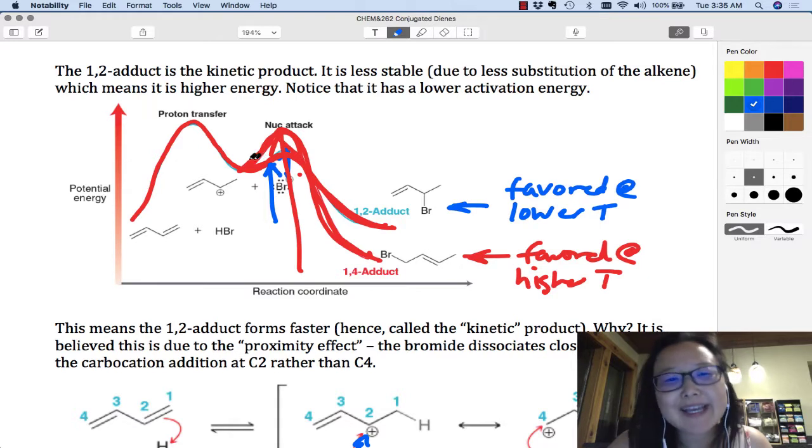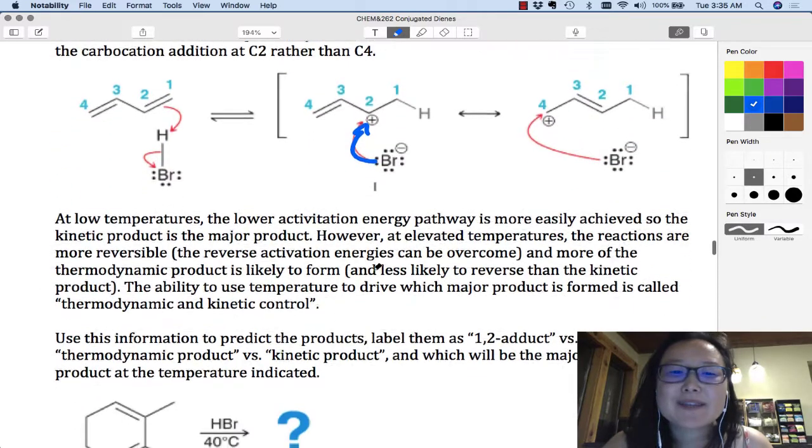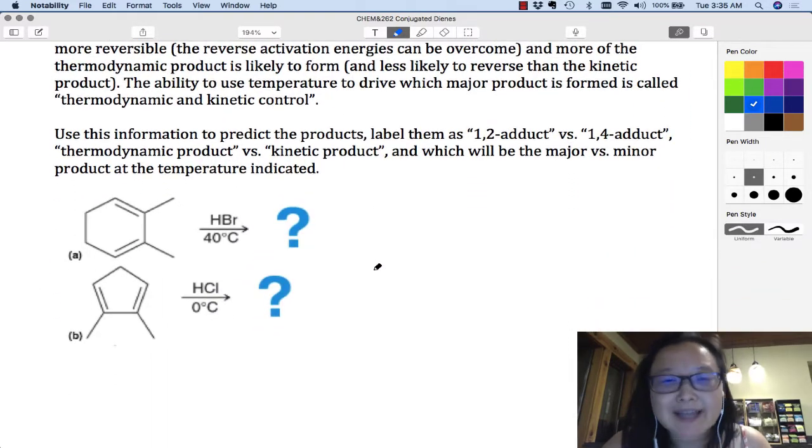In other words, if I were to form kinetic product, it could easily reverse at higher temperature, but the thermodynamic product has a much higher reverse activation energy, so it is harder to reverse. So as a result, I end up with more thermodynamic product.